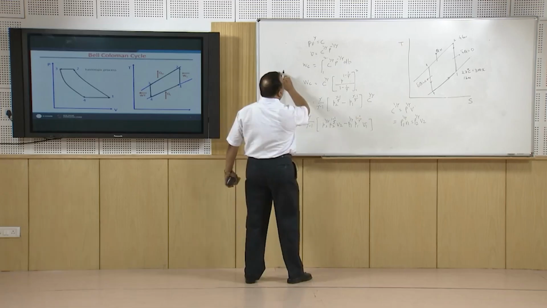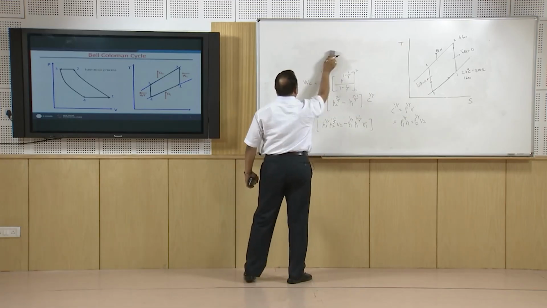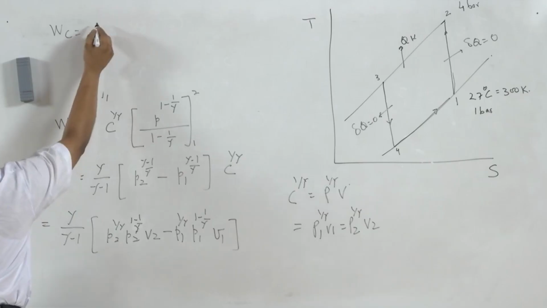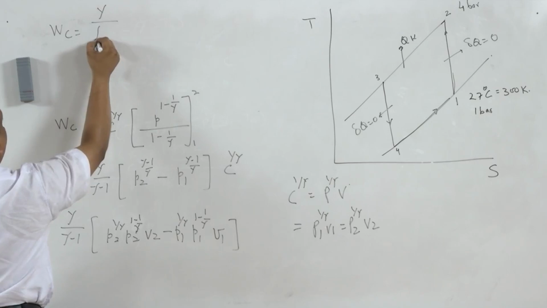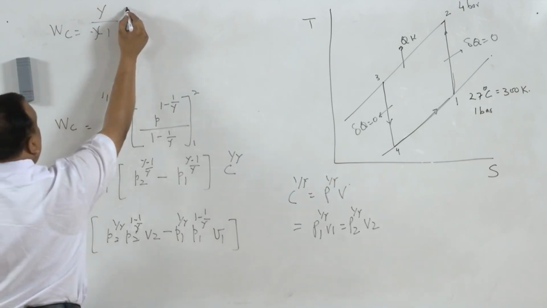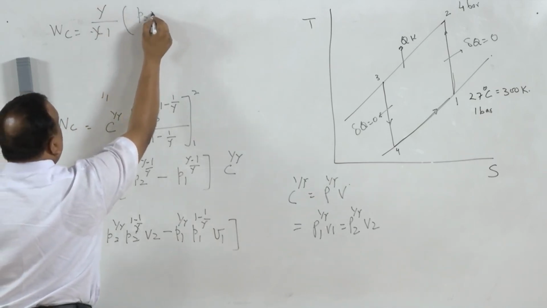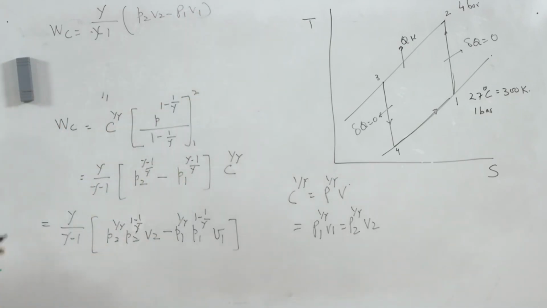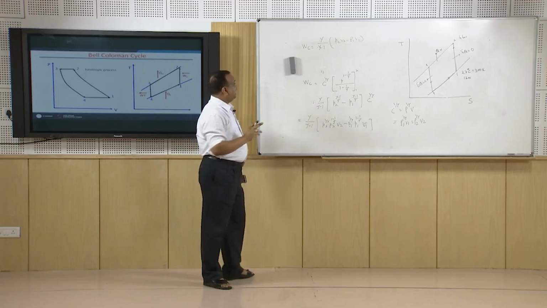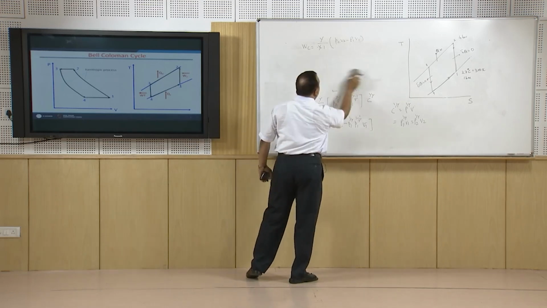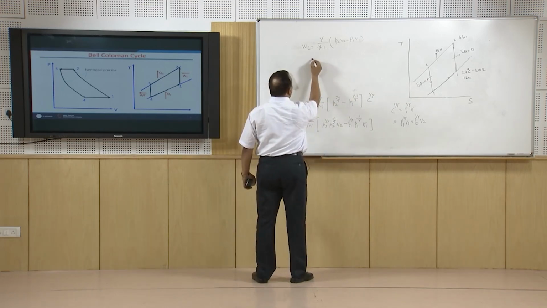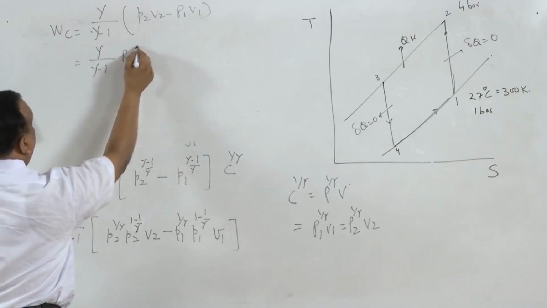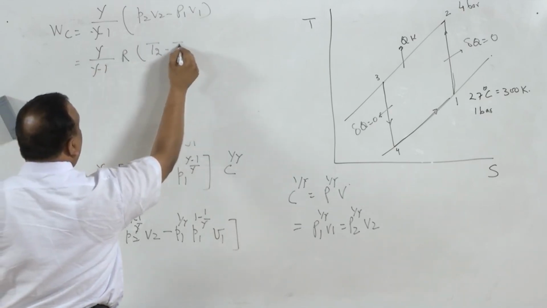If you simplify this equation, you will be getting the work consumed by the compressor as gamma over gamma minus 1 times (P2 V2 minus P1 V1). Air is considered to be an ideal gas here, so PV can also be replaced by RT. So, gamma over gamma minus 1 times R (T2 minus T1).